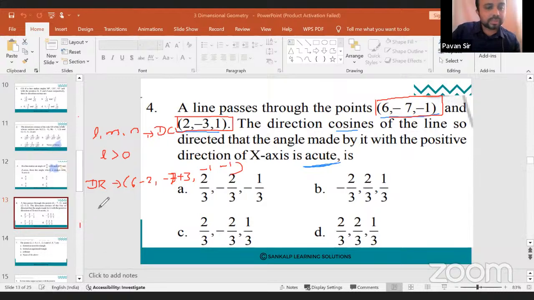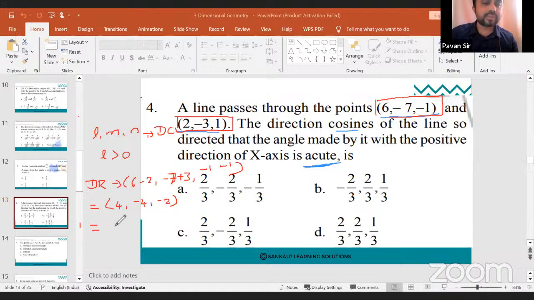Now, 6 minus 2 is 4, -7 plus 3 is -4, and -1 minus 1 is -2. So we get 4, -4, -2.